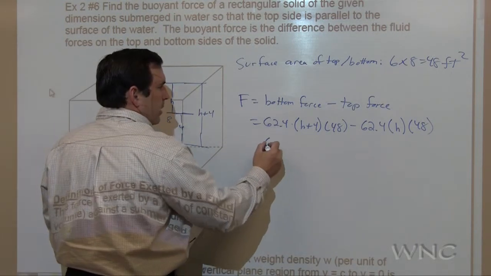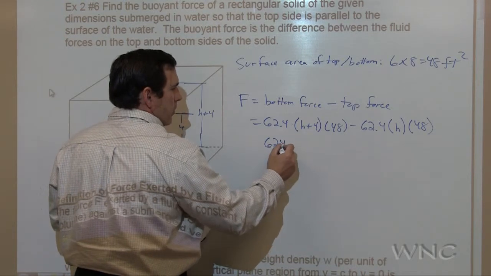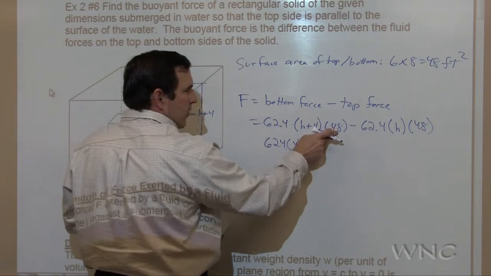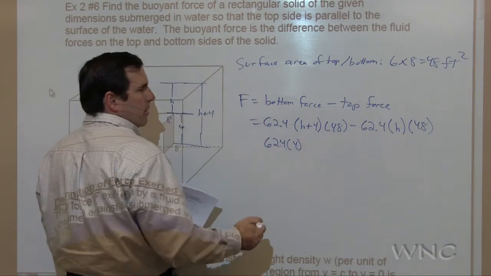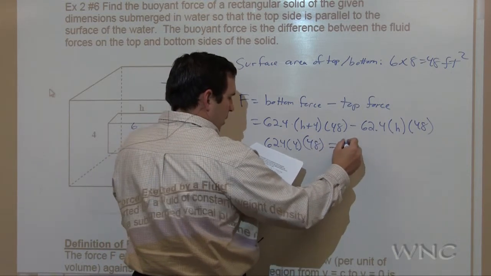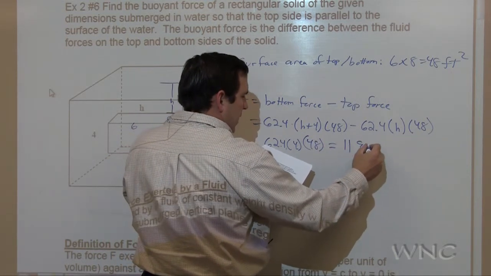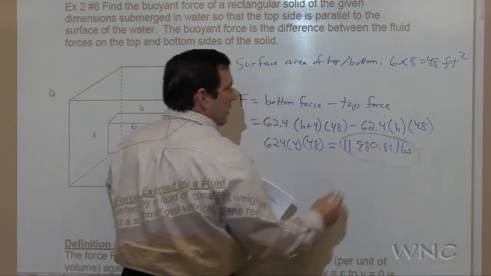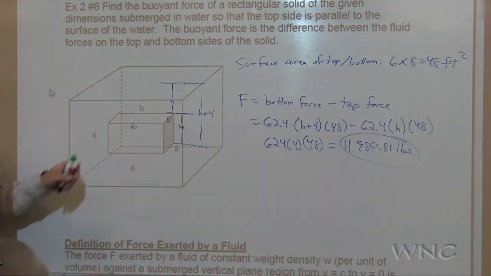This works out to be 62.4 times just 4, because the h terms cancel, times the 48, and we have 11,980.8 pounds. That's the buoyant force on this object.